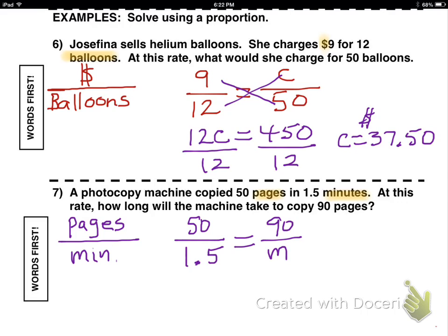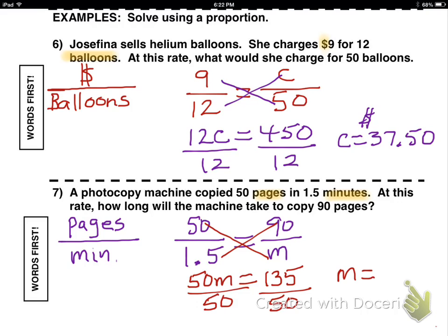So we have a proportion that we will solve by cross-multiplying. So 50 times m will equal 1.5 times 90, which is 135. Then to solve for m, we'll divide by 50, and we get that m, or the number of minutes, is 2.7.